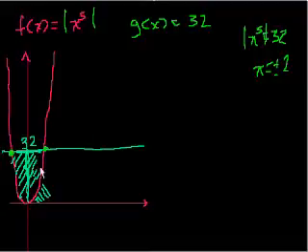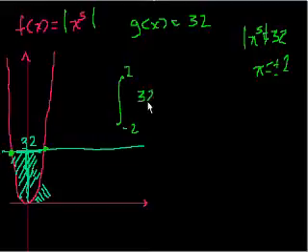So what is this area? We know it's between -2 and 2, so we just set up the definite integral. It's the integral from -2 to 2 of the top boundary, 32, minus the bottom boundary, well, this will be a little bit tricky, minus the absolute value of x to the fifth dx.